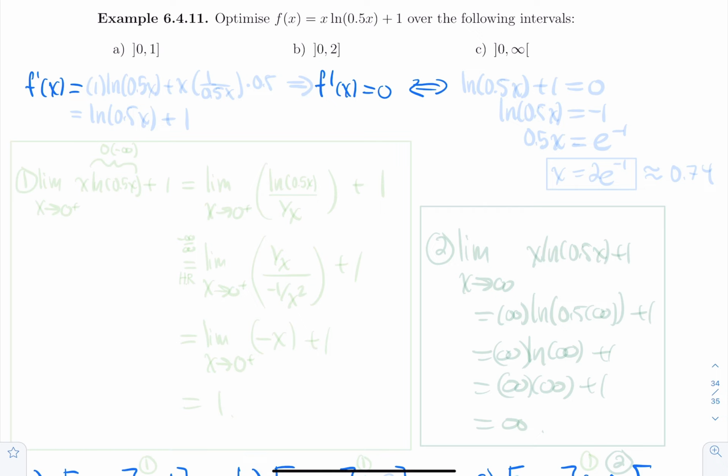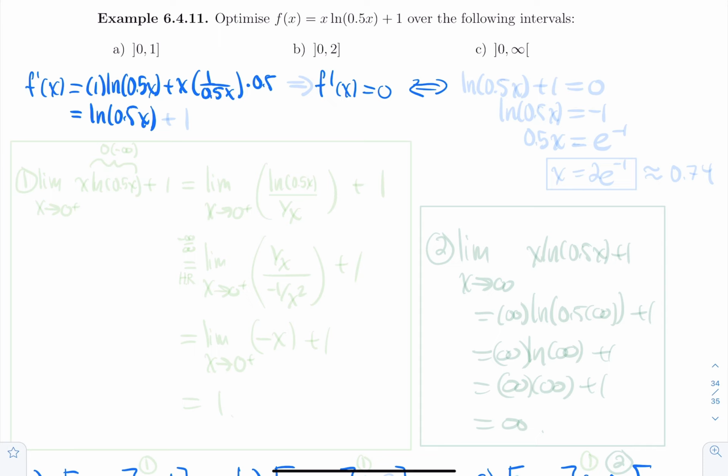So the first thing you always do is you compute the derivative. So for f prime, this is a product rule. The derivative of x is 1 times the second function, plus the first function times the derivative of the second one, which is 1 over 0.5x times the inside derivative, which is 0.5, and this simplifies to ln of 0.5x, and the 0.5 over 0.5.